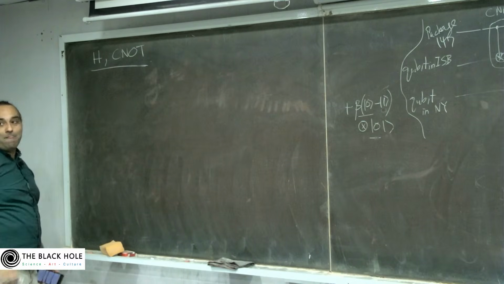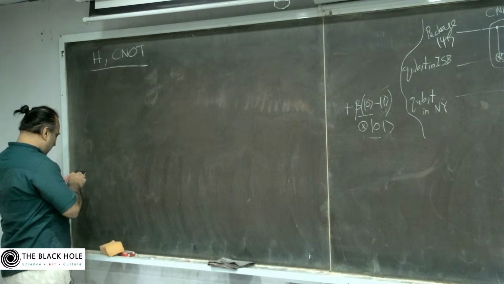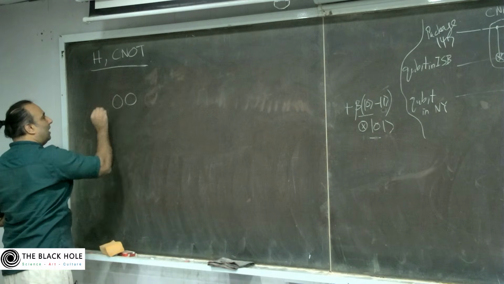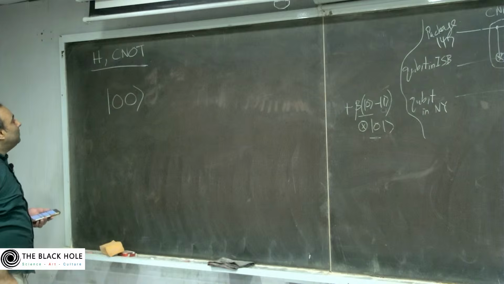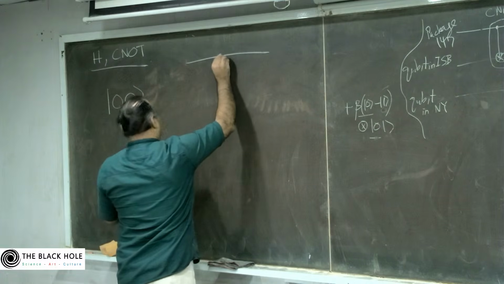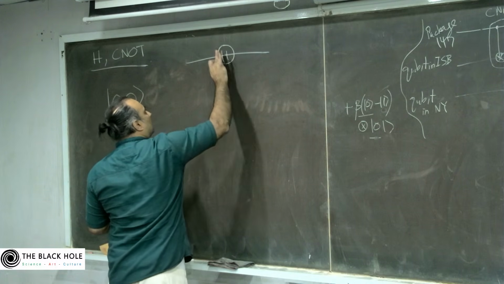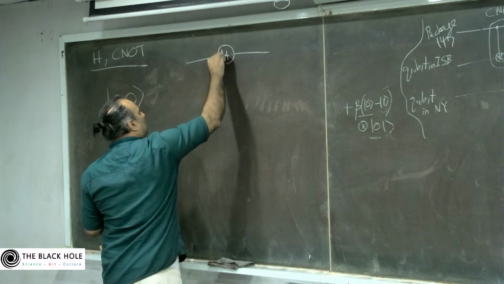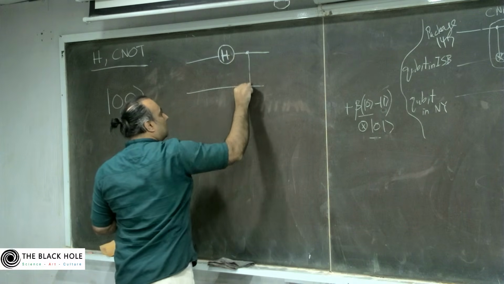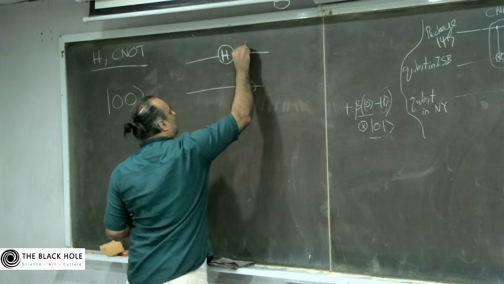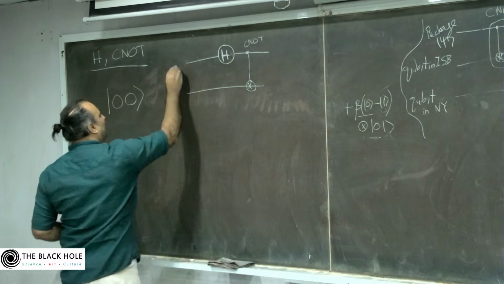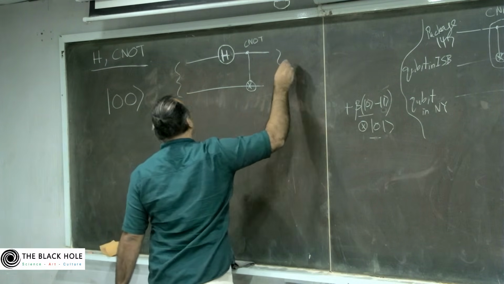You need 2 qubits. You perform H on the first qubit, and this is the circuit: H, then CNOT, where this is the control and this is the target. This is your input, and here would be the output.